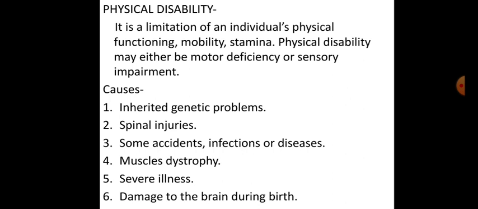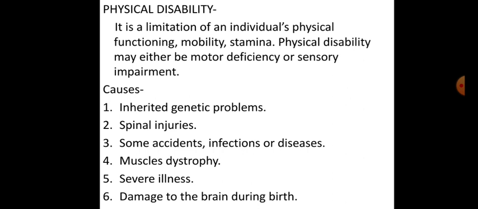Other impairments which limit the facets of daily living, such as respiratory disorder, blindness and sleep disorder, are also considered to be forms of physical disability. Understand? A physical disability is a limitation of an individual's physical functioning, mobility and stamina.